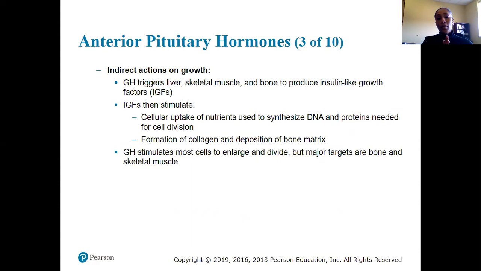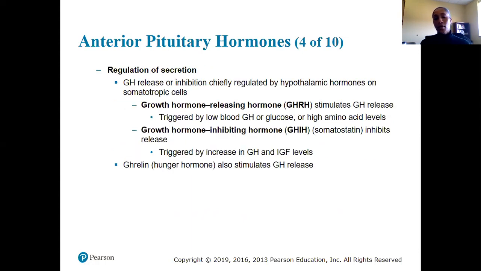Growth hormone stimulates most cells to enlarge and divide, but major targets are going to be bone and our skeletal muscle. So when I think of the growth hormone, I think of the actual process of growing, because those are the cells that it targets when we are growing and developing.